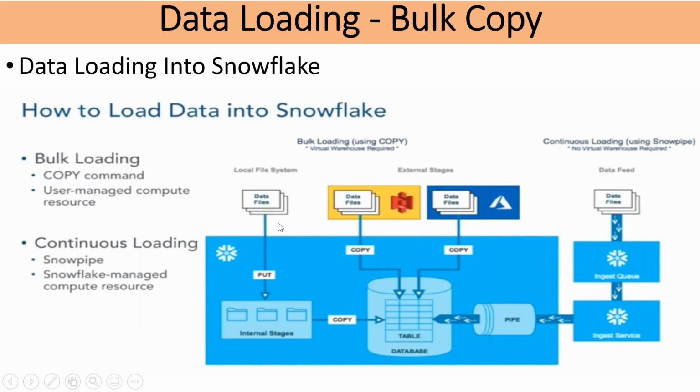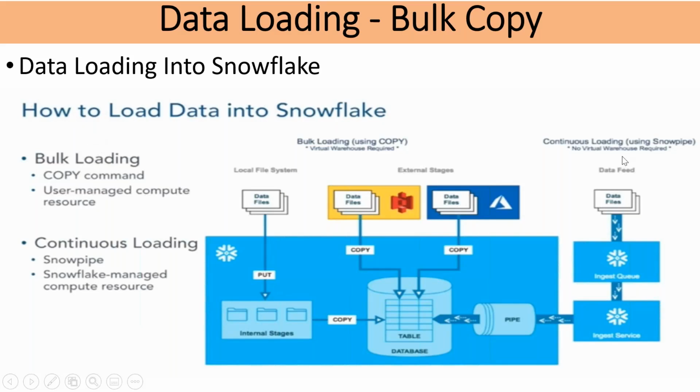If the data is on the cloud, you can directly load into a table, but still you should have a staging area. If you have it in your local file system, you have to push it into a stage, and from there you load into the table. This particular process is called bulk loading.